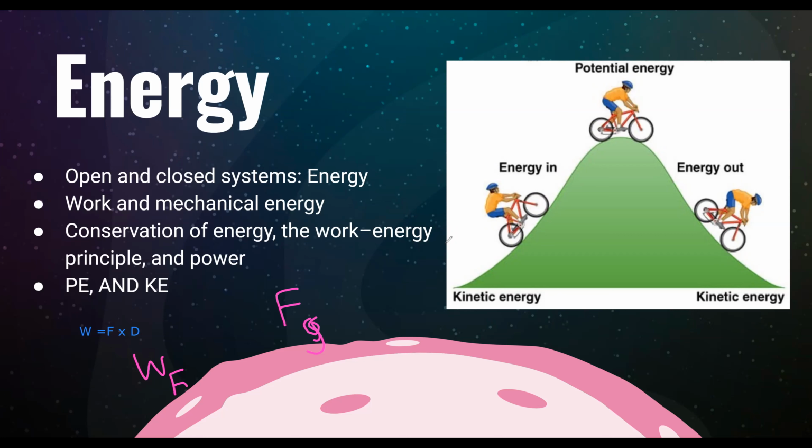So what is power? Power is basically work over time. It's kind of like acceleration, except it's more of energy, the rate at which work is being done. So if you have a motor, right, and it tells you the power of it, it's like 12 volts or something like that.